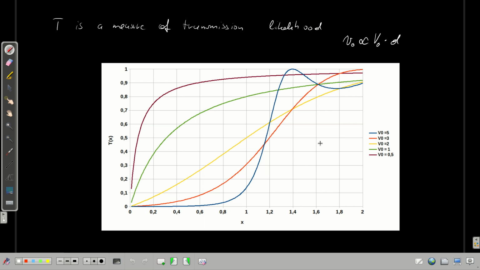Finally, to more rigorously see the dependence of the transmission coefficient upon the barrier height and the barrier width, it is interesting to calculate the following value. Namely, let's write down again this equation.